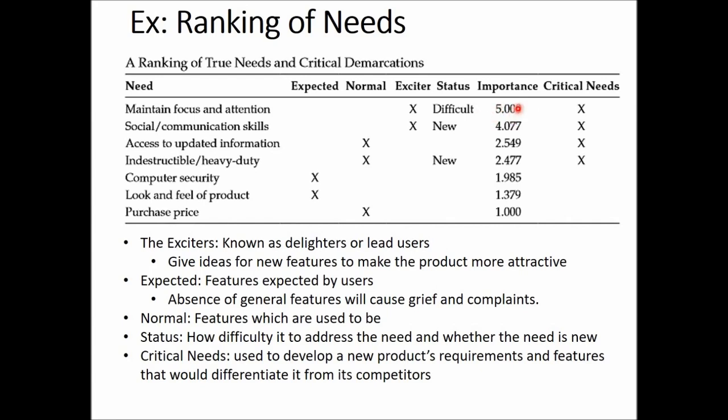As you could see here, the importance numbers that you have got are based on the analysis that was just introduced. In this one, you can see a few more information, how these needs are obtained. For example, the most important need in this table, maintain focus and attention, has come from an exciter.